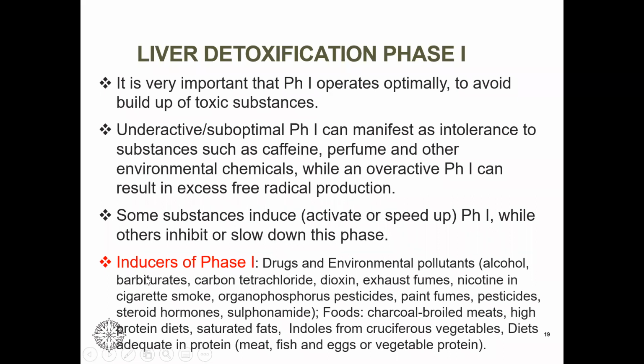It's written that inducers of phase 1 are some environmental pollutants or alcohol, nicotine, paint fumes, pesticides. So what does that mean when I say they induce phase 1? They set it off, Nancy. They start the body in the process of producing enzymes, I guess. Is that right? Yes, thanks, Kathleen.